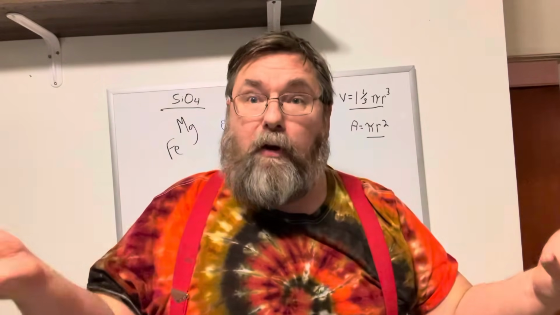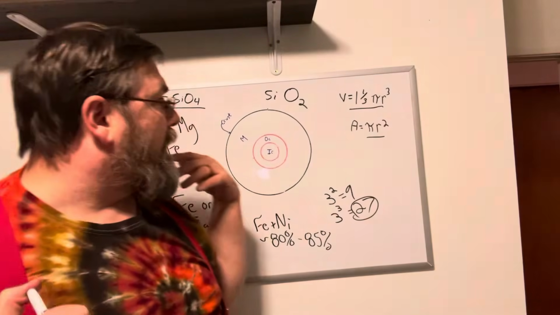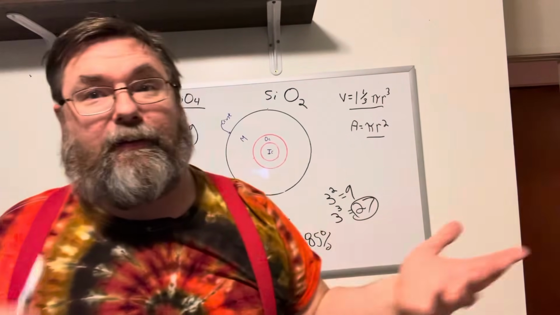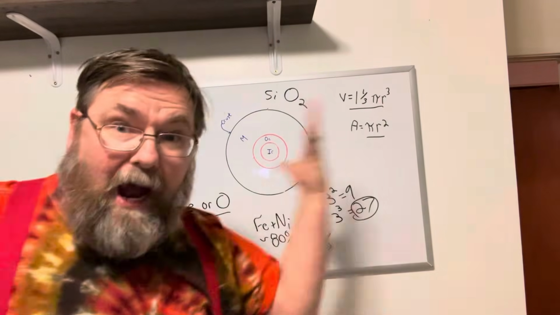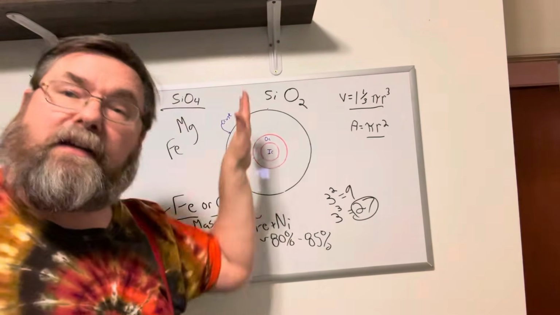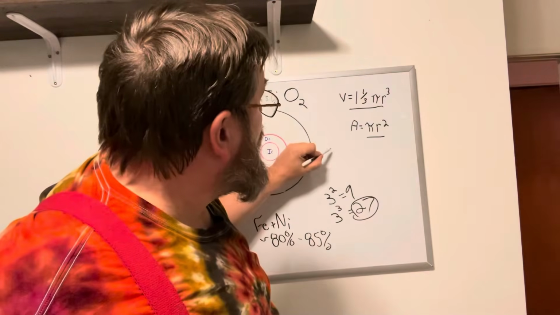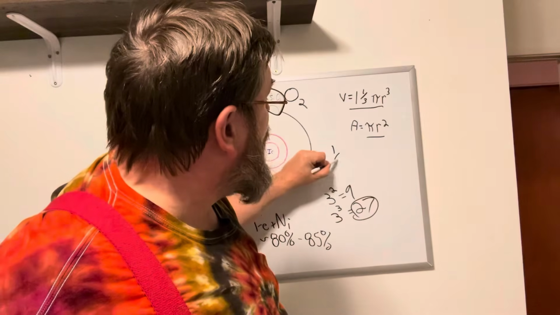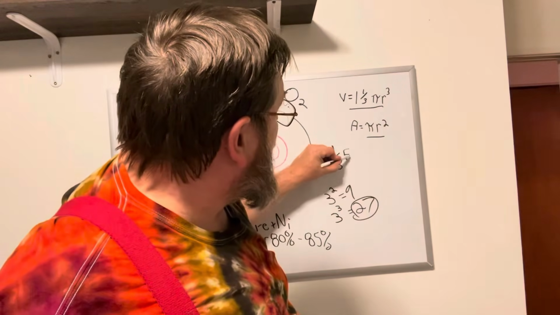I've seen numbers. If you go to Wikipedia and ask what percent of the Earth is iron to oxygen, make sure you're getting the entire planet, not just the crust, not just the mantle, not just the core. You'll find out they're both really close to 1/3. Wikipedia has iron winning out.